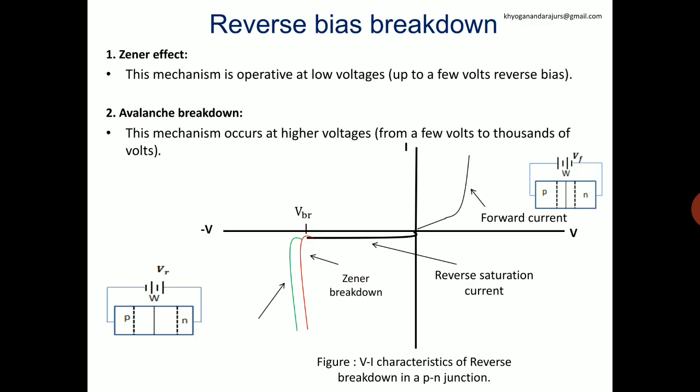Okay, the avalanche breakdown occurs at higher voltages. The voltage will be a few volts to thousands of volts. The Zener breakdown occurs for a few volts, whereas the avalanche breakdown occurs for a variation of breakdown voltage, from greater than the breakdown voltage to some thousand volts.